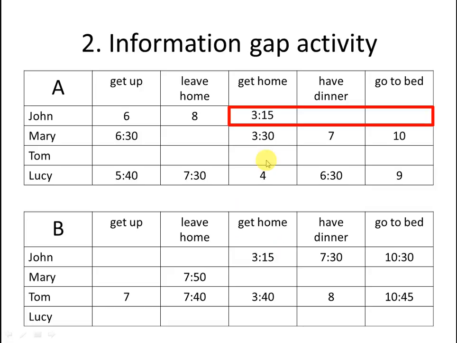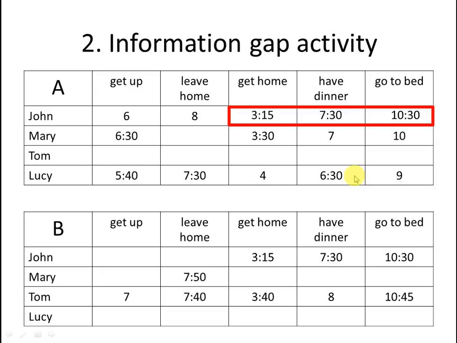Then I write 3:15 here, and then I ask, so John, what time do you have dinner? And my partner, pretending to be John, answers, I have dinner at 7:30, and then I write 7:30. Then I ask about going to bed, and then I write 10:30 here.